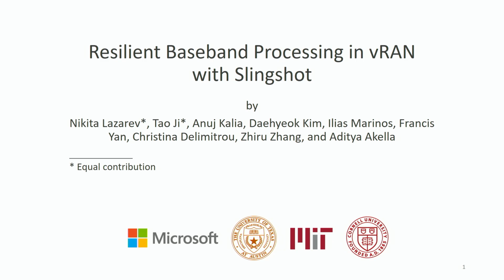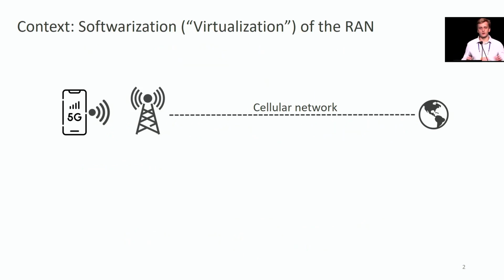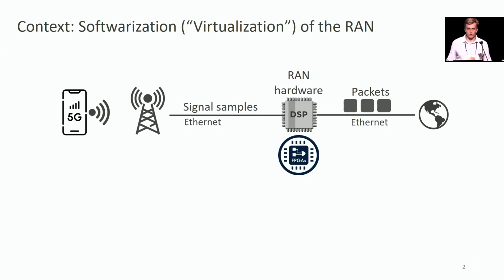As most of you know, cellular networks are the infrastructure which allows our phones to connect to the internet over the air. The heart of every cellular network is called the radio access network, the part which converts signal samples received from base stations into Ethernet packets and vice versa. Traditionally, RAN is implemented using specialized hardware such as DSPs or FPGAs.